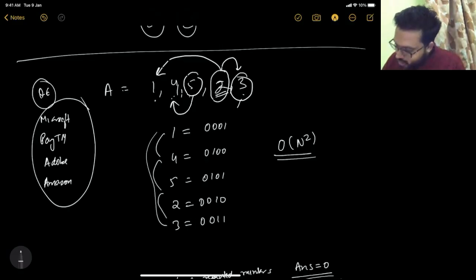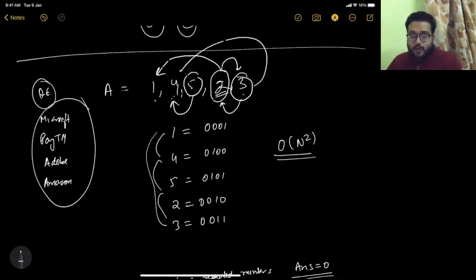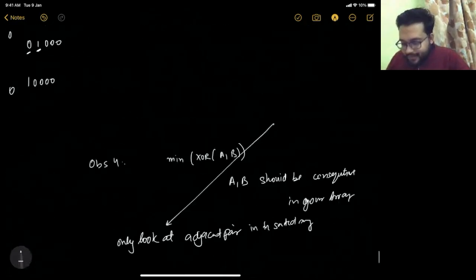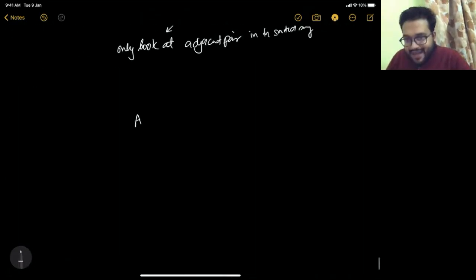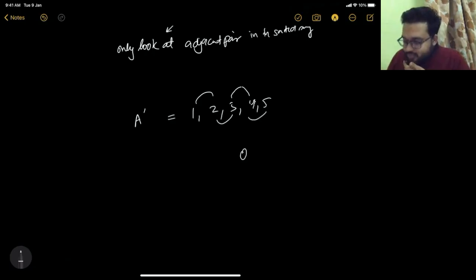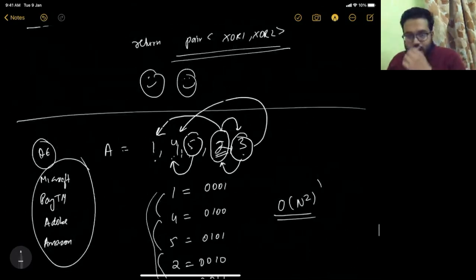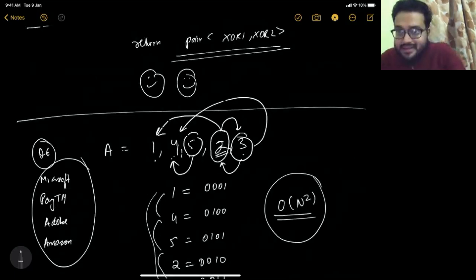In this question, I will only evaluate order n pairs because I am making a claim that only numbers that are together on the number line can give you a minimum XOR. How many of you appreciate this? If you want, I can prove this claim mathematically also, and that will be very interesting to see. But intuitively, is this clear, guys?